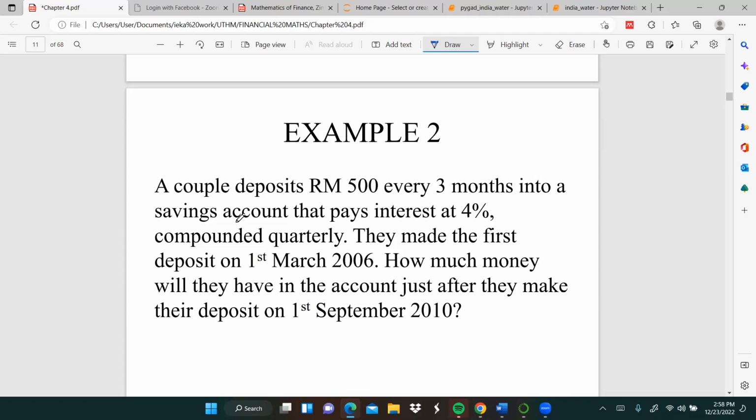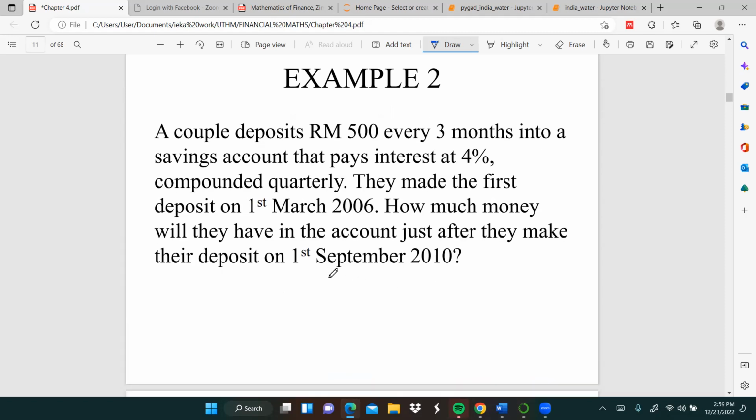So here, if you look, the first deposit is from the year 2006, up until 2010. For the case of an ordinary simple annuity, we always start our time at zero. Meaning, if we make a time diagram, we start from time zero, and the first deposit is time 1.